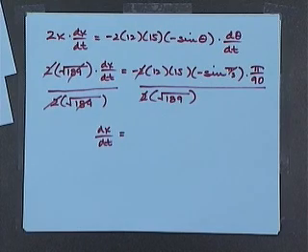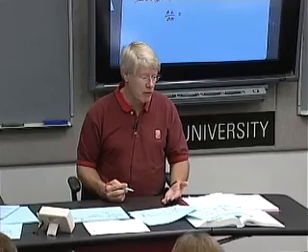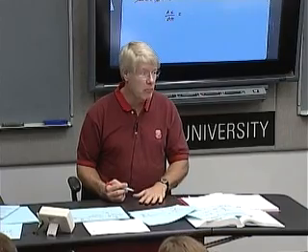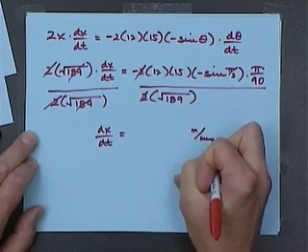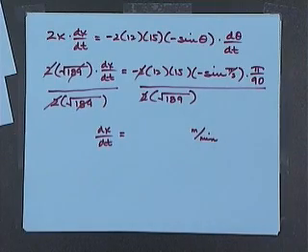And that should be the rate at which the third side is changing, dx over dt. And the units should be, what were our units? Meters and minutes, right? Meters per minute.